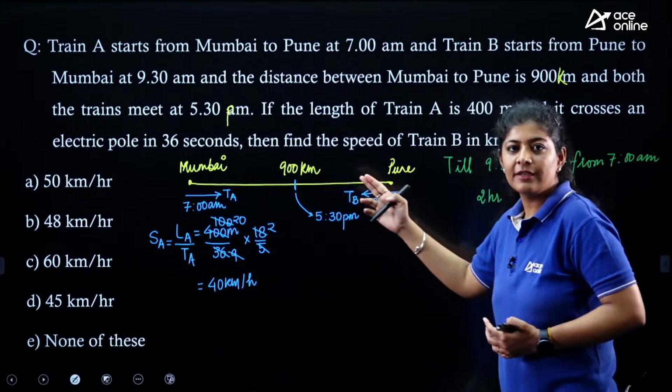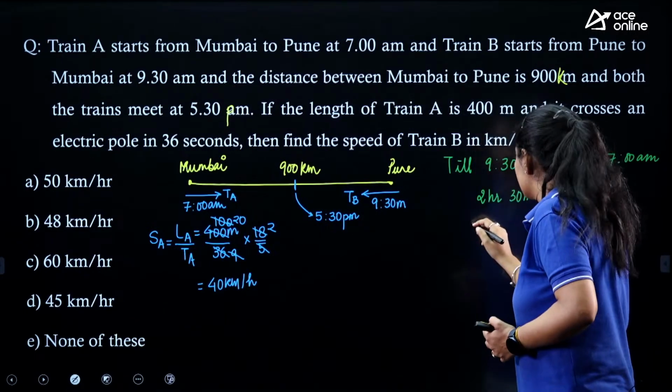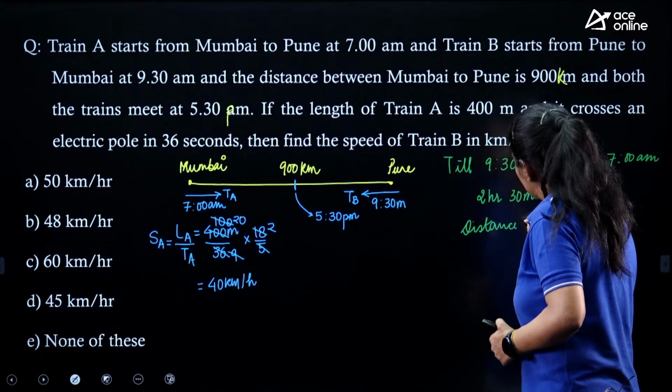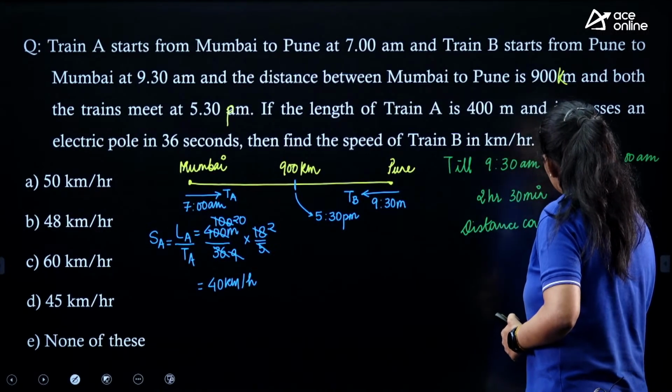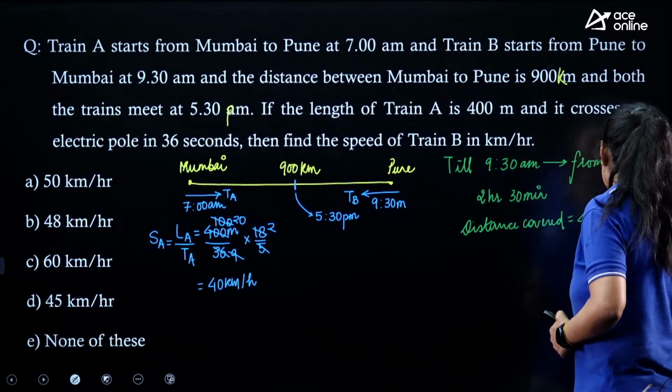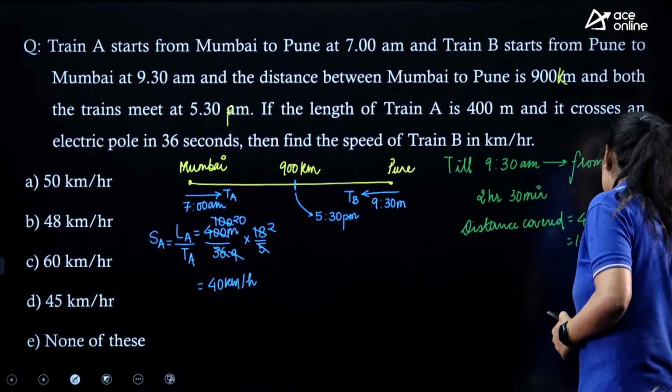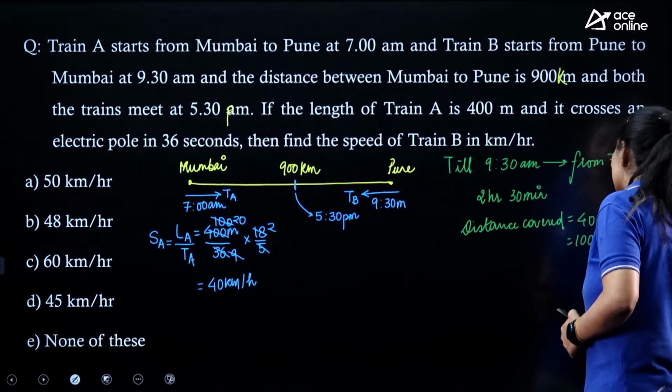So 40 plus 20. That means a total distance of 100 kilometers is covered.